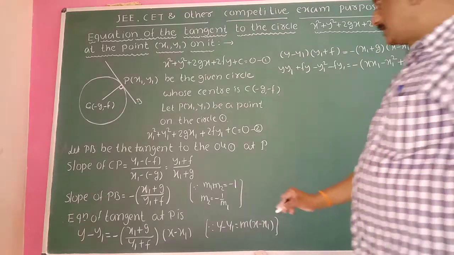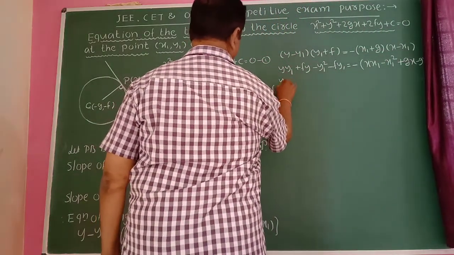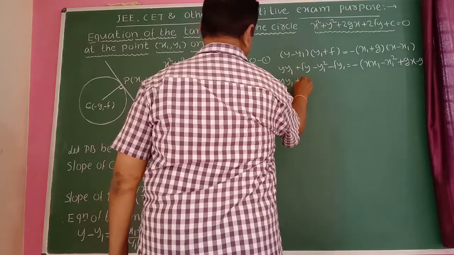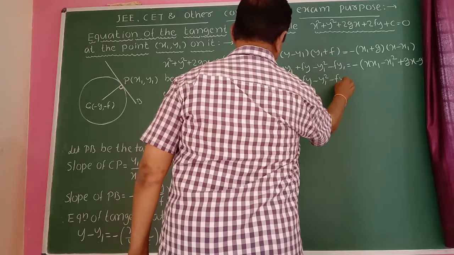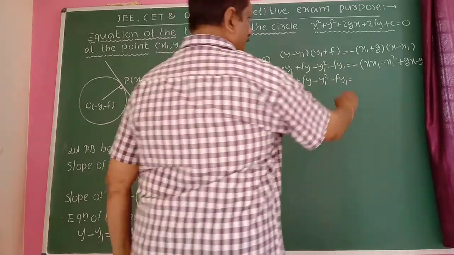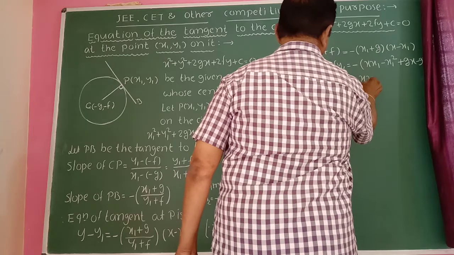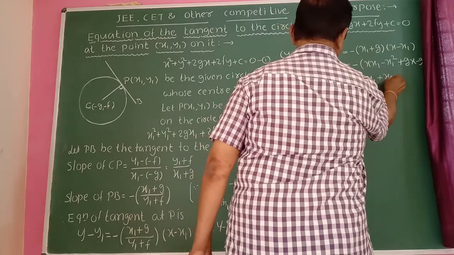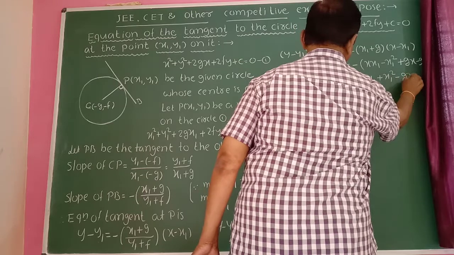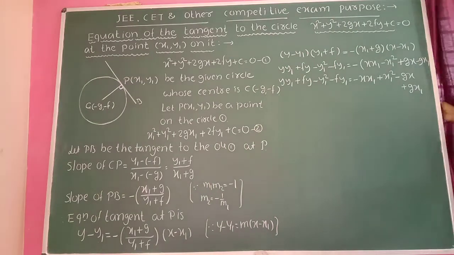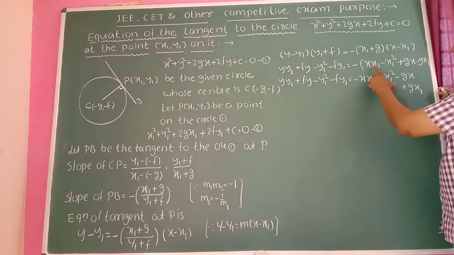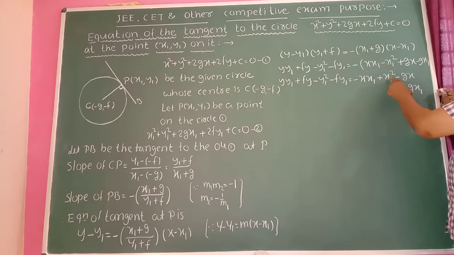Take a minus inside the bracket here, so minus xx1 plus x1 square minus gx plus gx1.